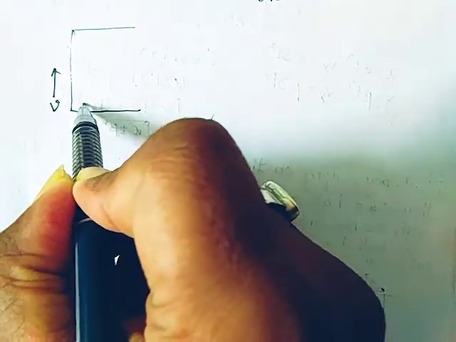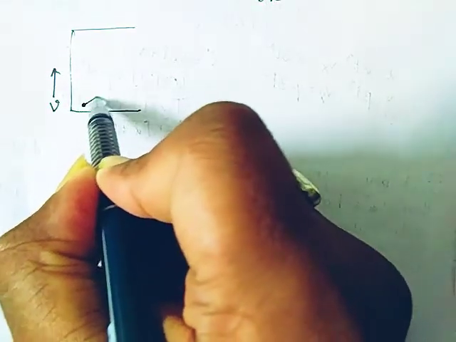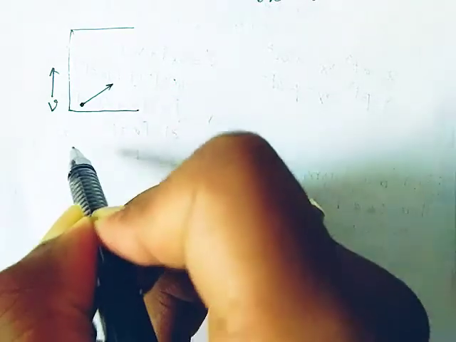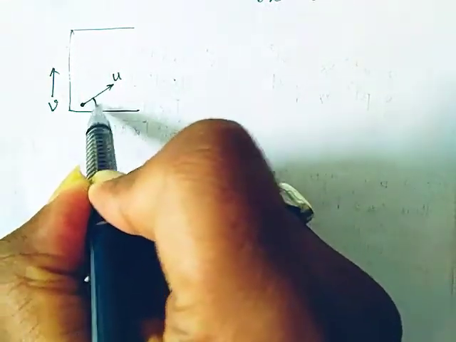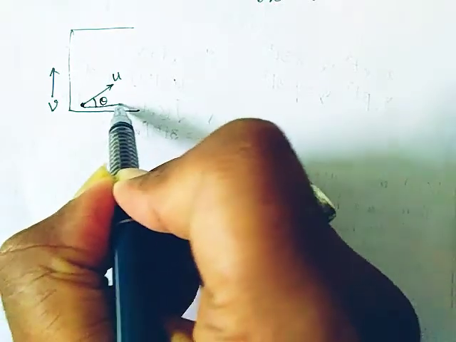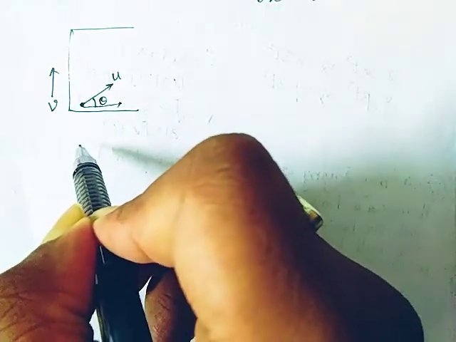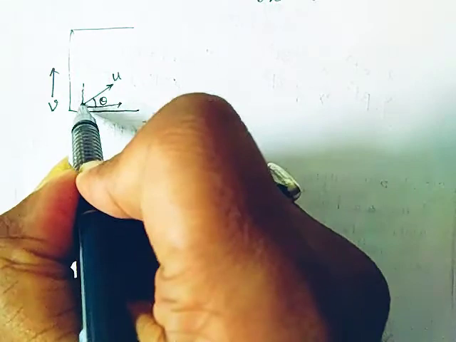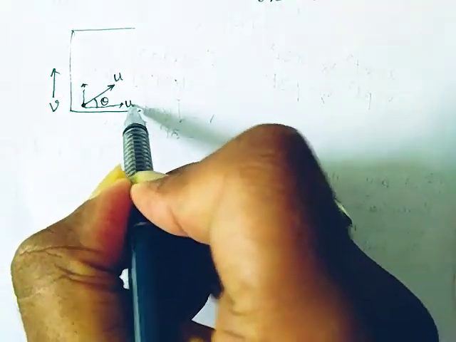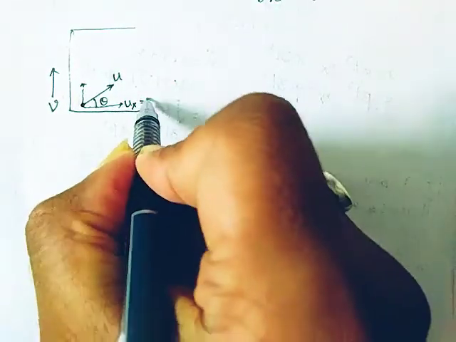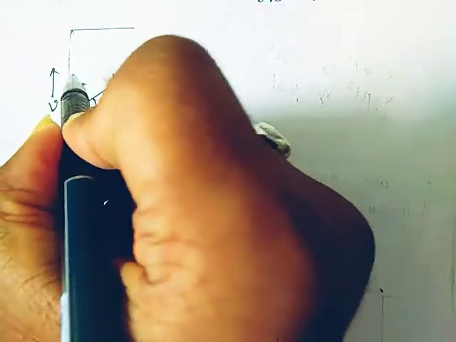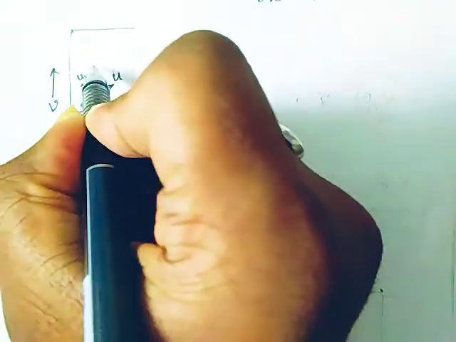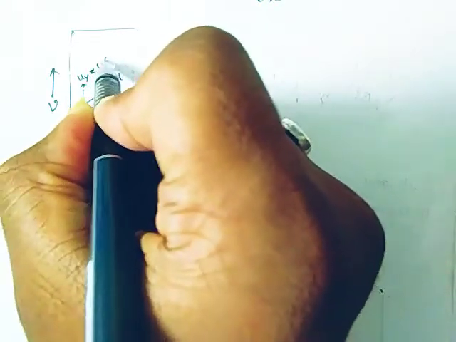From here a particle is thrown with the velocity u, making an angle theta with the horizontal. So ux equals u cos theta and uy equals u sin theta.